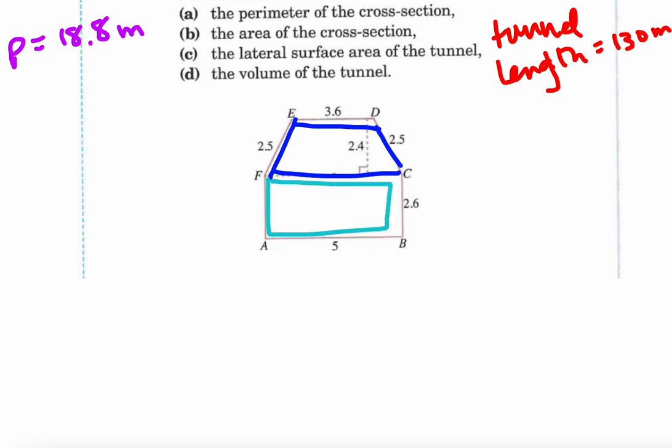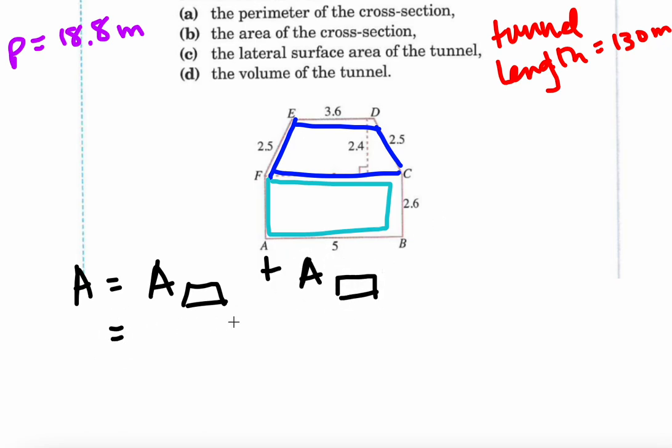Okay, so we're going to start off first with our trapezoid. So the total area is going to be the area of the trapezoid plus the area of the rectangle.